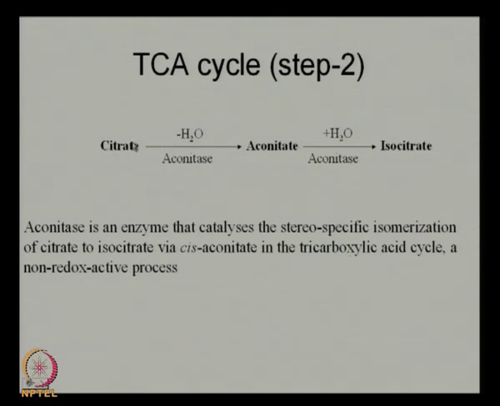In the second step, citrate is converted to aconitate and isocitrate. Aconitase is the enzyme that catalyzes the stereospecific isomerization reaction of citrate to isocitrate via cis-aconitate in the tricarboxylic acid cycle.